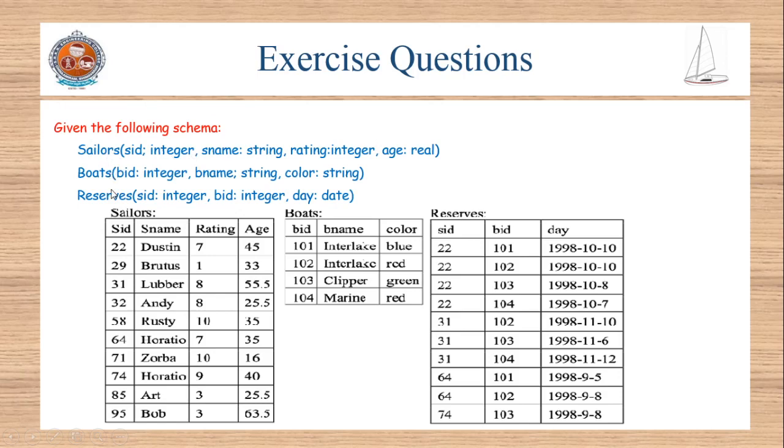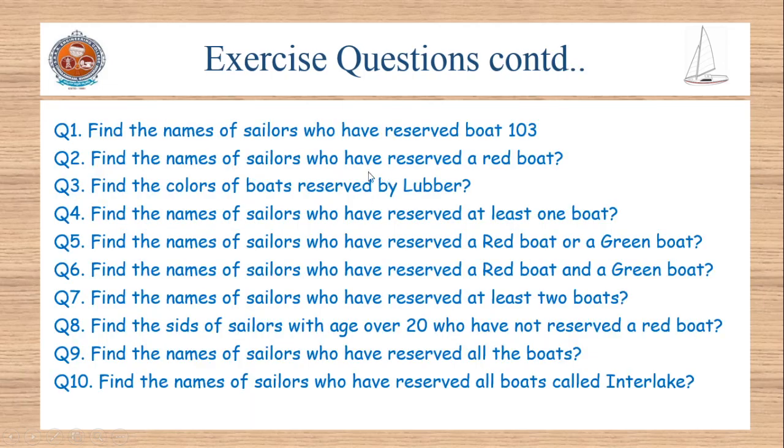And these are the instances of these relations: sailors instance, boats instance, and reserves instance. Using these instances and the schema, you are requested to write the relational algebra expressions for these queries. Altogether 10 queries are given.